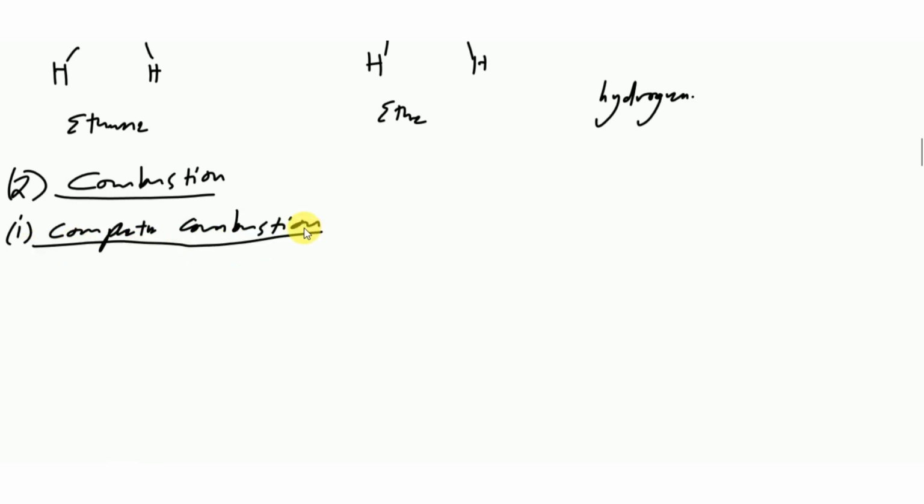The alkenes do burn in a good supply of oxygen to produce carbon dioxide, water, and heat.